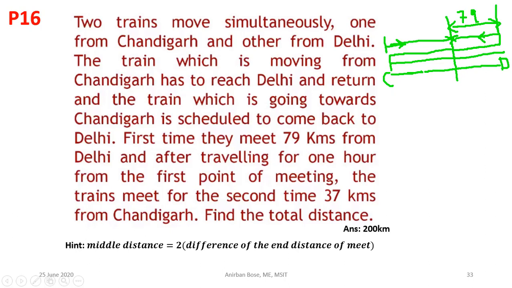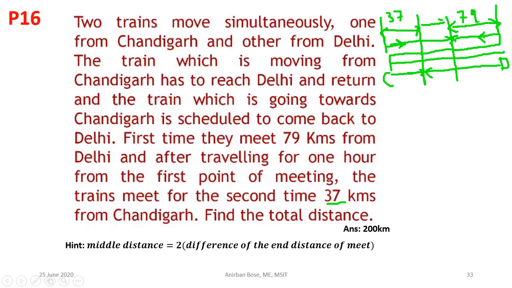Finally, in the return path, suppose they meet here for the second time, and this meeting point is given as 37 kilometer from Chandigarh. So this distance is 37 kilometer. You have to find out the total distance between Chandigarh and Delhi.